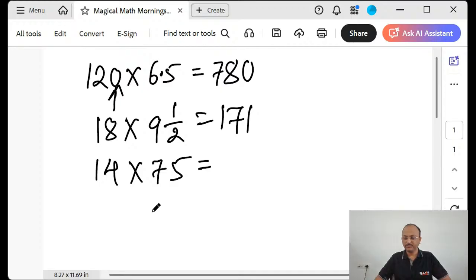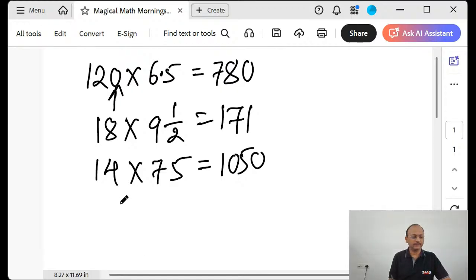No, that's not correct. 75 doubled is 150. So you have to multiply 15 sevens are 105. Yes, and then don't forget to put 0 in front of this. Correct? 1050. Yes, you all got that one.